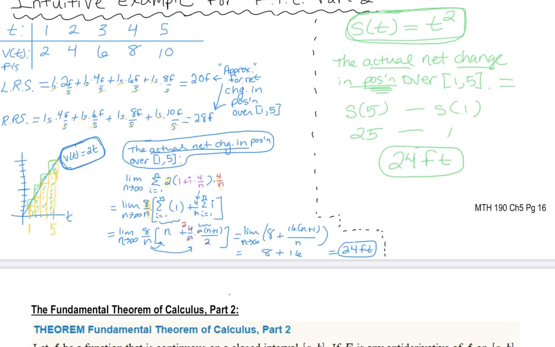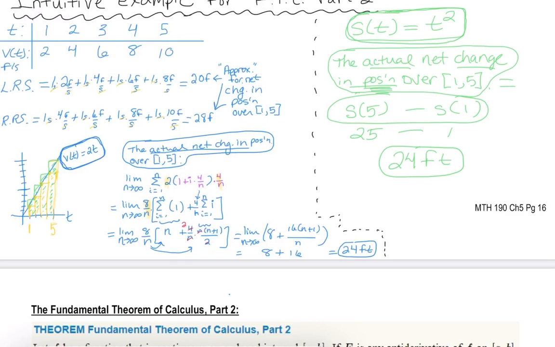But essentially, pulling these two things together, if I want to find the actual change in position on this interval from 1 to 5, then I could just do s of 5 minus s of 1. And what is s? s is the antiderivative of the v of t function. So these two things are equal.